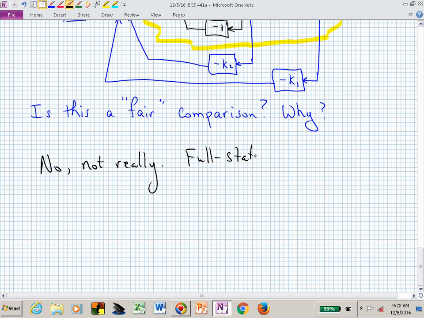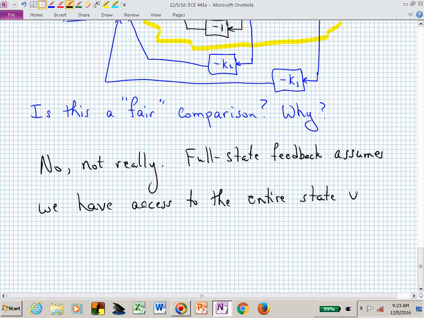The full state feedback assumes we have access to the entire state vector.